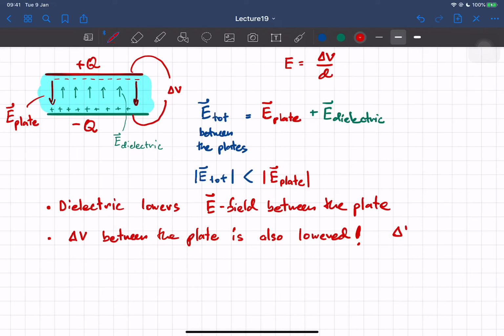Because delta V is equal to E times d according to this equation. When you put in the dielectric, you lower the electric field between the plate, but you don't change anything about the distance between the plates. So the effect is also that you are lowering the potential difference between the top and bottom plate.